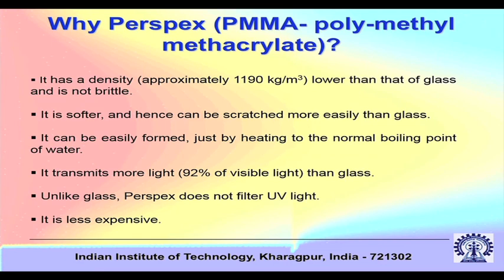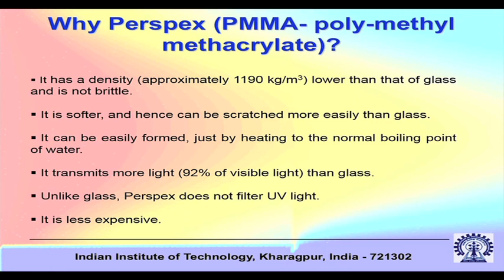Typically when we are using micro milling, we use a material which in loose name is called perspex, or some people call it plexiglass, and it is actually a polymer, PMMA, polymethyl methacrylate. Just like PDMS, it is also a very common material in making microfluidic channels.